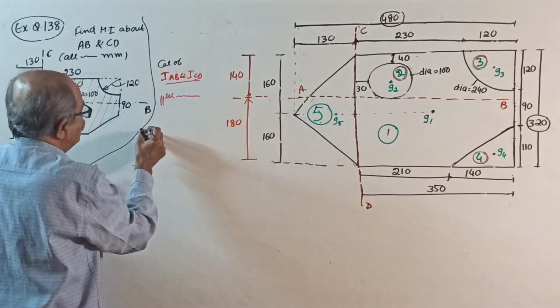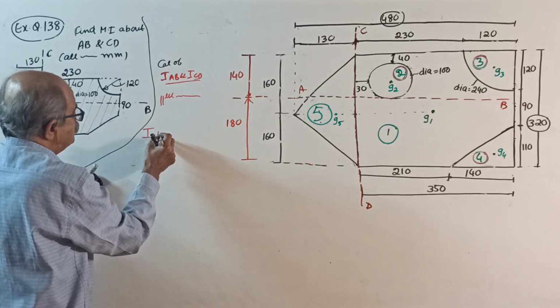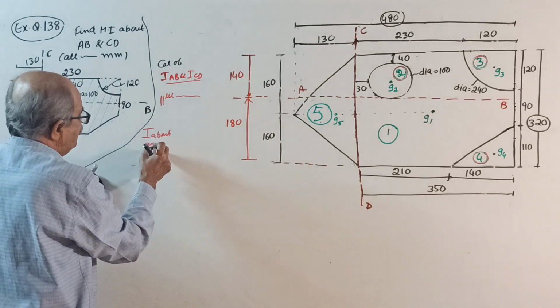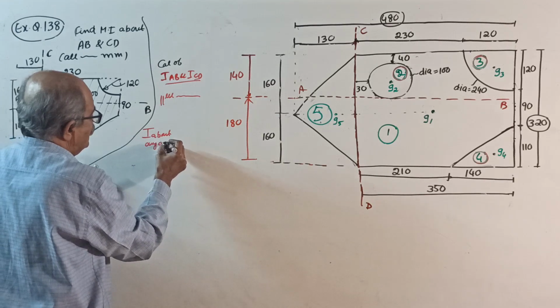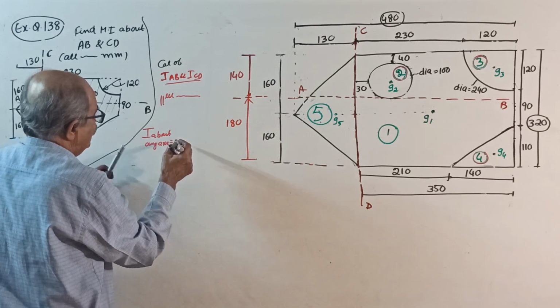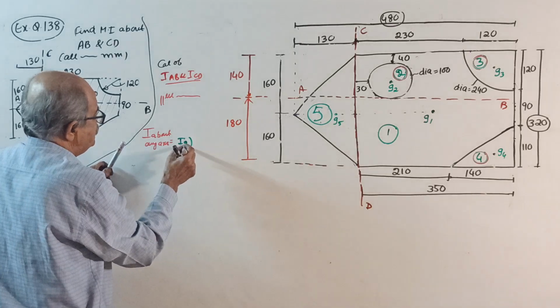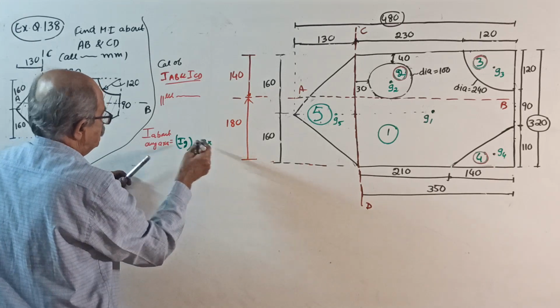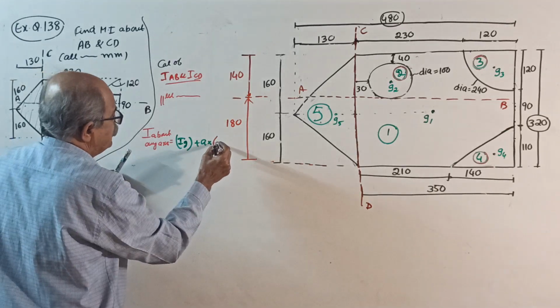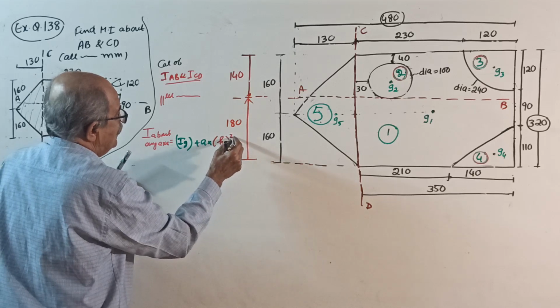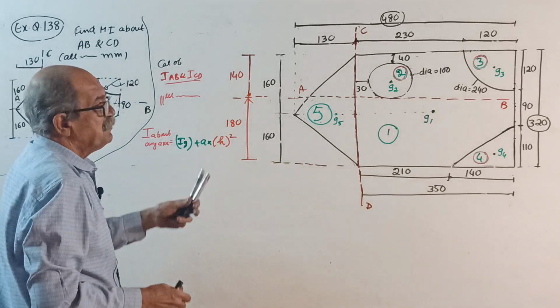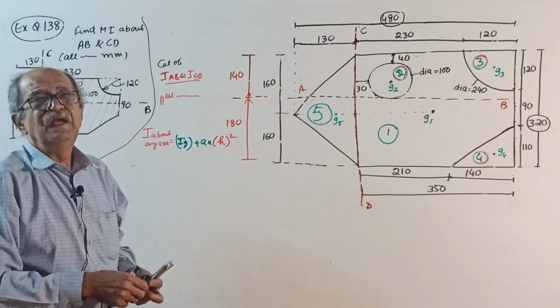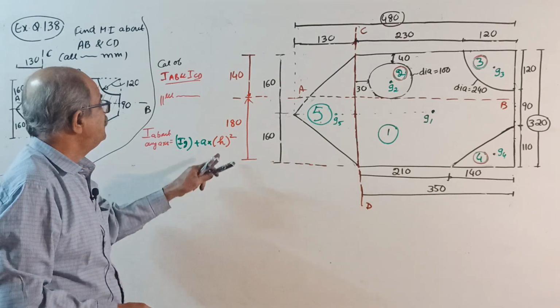By the parallel axis theorem, I about any axis equals, as usual, in green color, IG plus area into H square. This is told thousands of times, so I will not explain the green part. It came last time also. H is the most important.